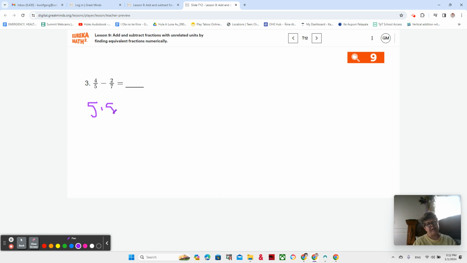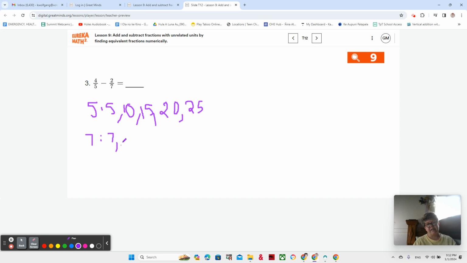And multiples of 5 are pretty easy. 5, 10, 15, 20, 25. I'm thinking about sevens. Maybe we should list our sevens and see if any of them end in a 5 or a 0, because multiples of 5 end in a 5 or a 0.